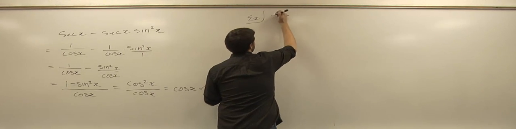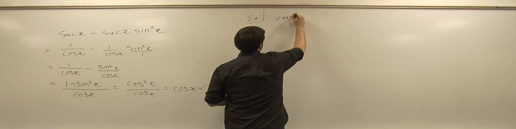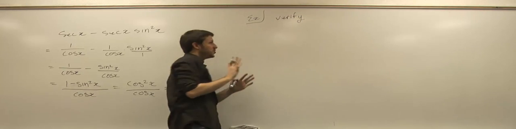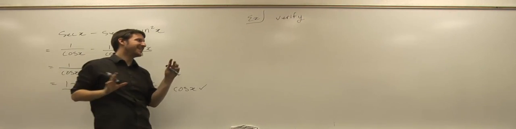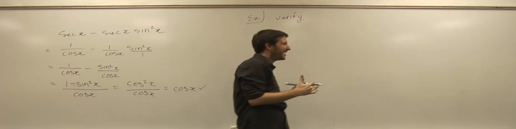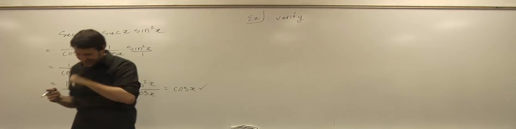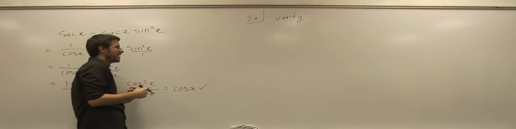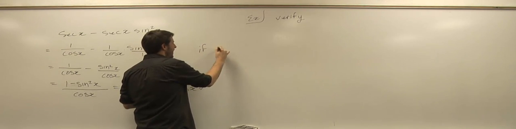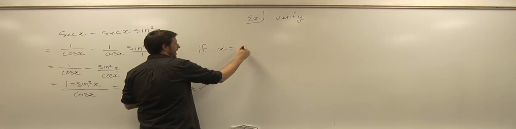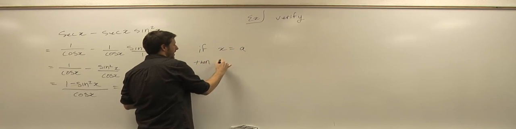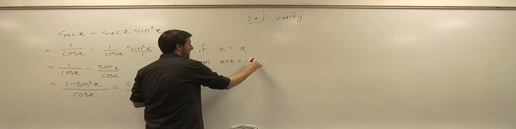And you can't move anything to the other side, or can you? Not dividing, but adding. Like we wanted to add the cotangent to the other side. If x equals a, then x plus b equals a plus b.